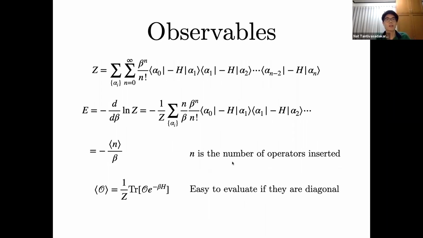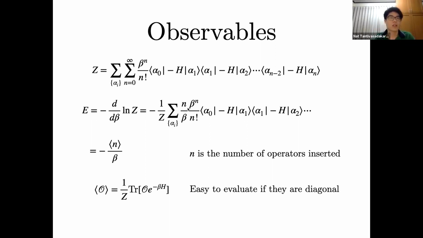And then if we do such, one thing is to calculate observables. One thing you can do is to calculate the energy: you just do the usual formula to pull down the energy from the partition function. Once you do that, if you take the derivative with respect to beta, you'll pull down an n over beta from the exponential in the sum.